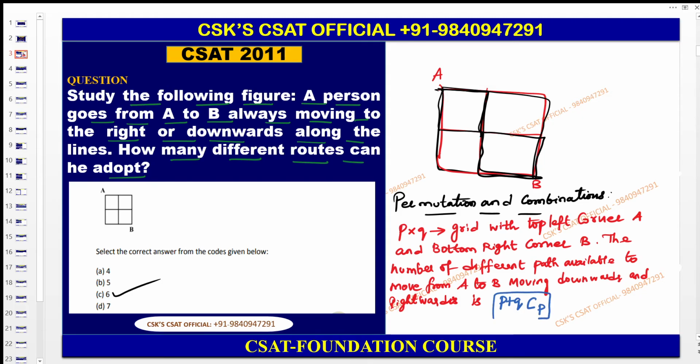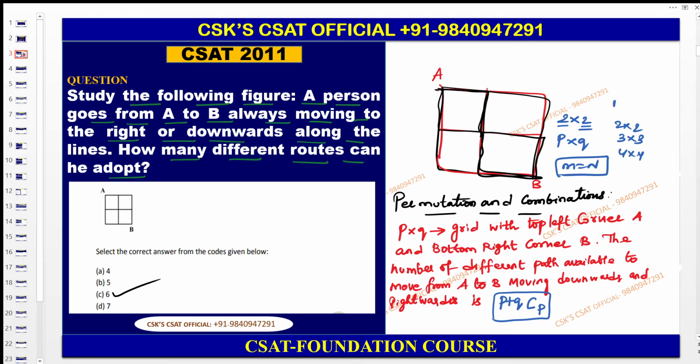This is fine because P into Q, here that grid means the number of rows is equal to the number of columns here. So here P into Q, which means M is equal to N. The number of rows is equal to the number of columns, like a matrix 3 into 3, 4 into 4, 2 into 2.